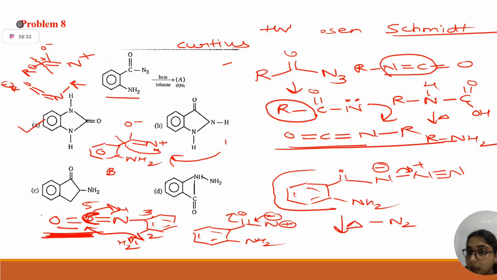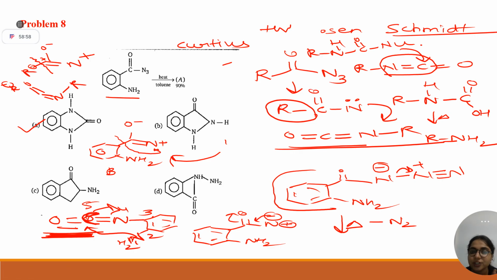But let's say the examiner is not giving you water. He is giving you alcohol, an external nucleophile or any internal nucleophile. You just have to attack here and you will get RNHCO and whatever nucleophile the examiner is giving you. Clear? Yes, ma'am.